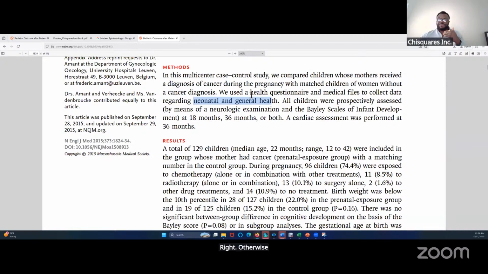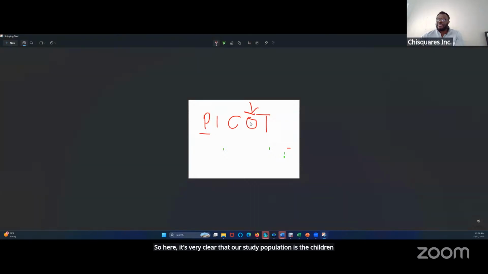Otherwise, you end up imagining a completely wrong population and a completely wrong study design. So here, it's very clear that our study population is the children because the outcomes have been measured among the children. And many times in epidemiology, we might be dealing with another population.